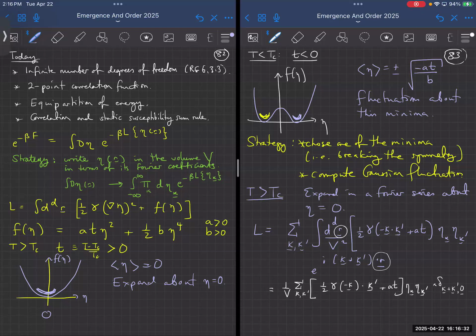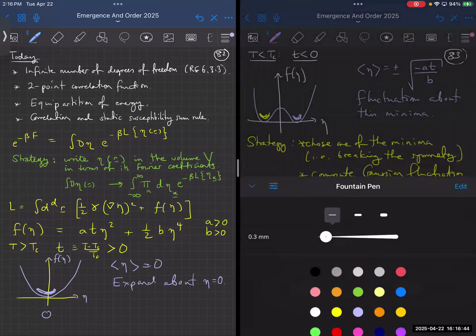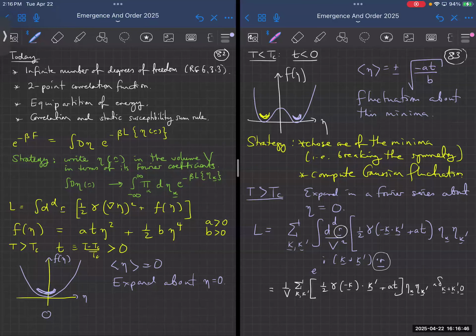Sometimes we call this a momentum conserving delta function, because that's the way we can interpret it. And the other thing that I want to point out before I go on is that we know that eta of r is a real variable.